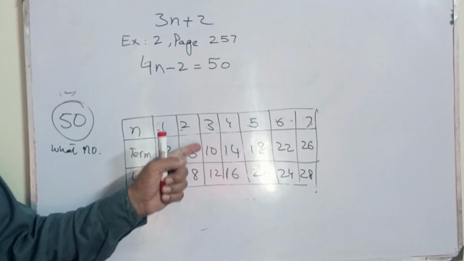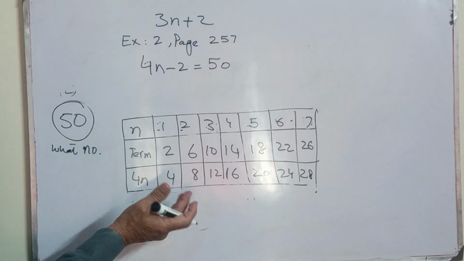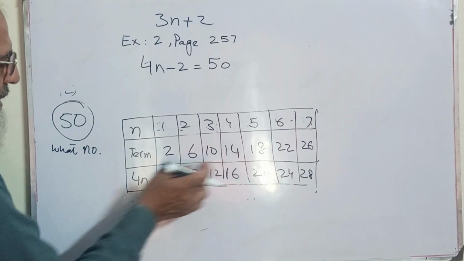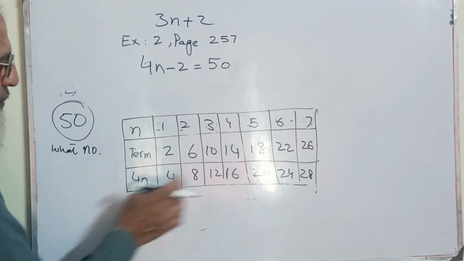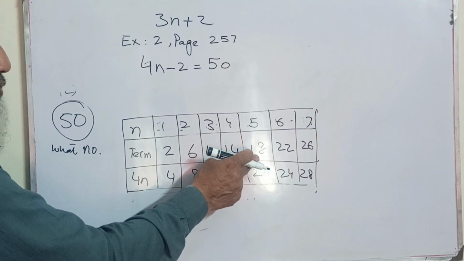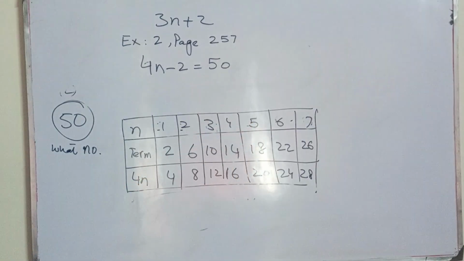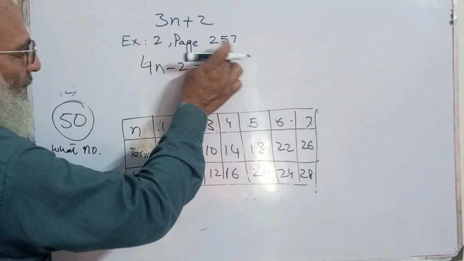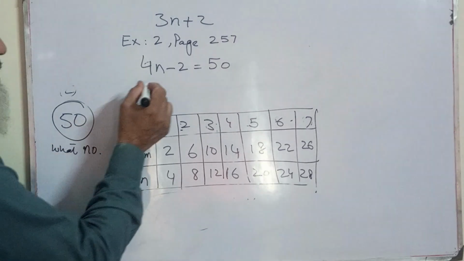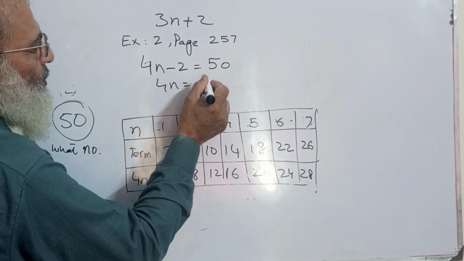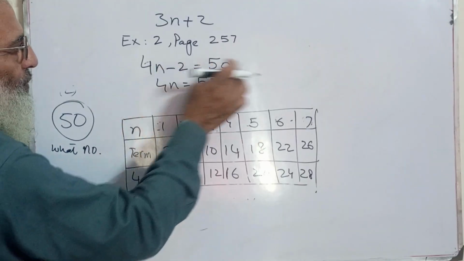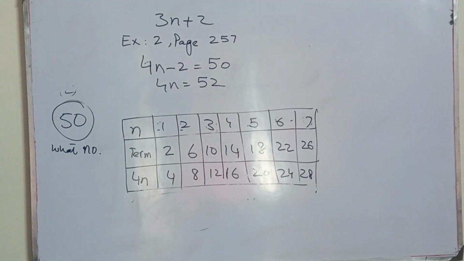If I go back to any example, for example this one, 4n was 20 and minus 2 was 18, so we got the fifth term. Similarly, we'll find the 50. So we are given the number 50 now, so it will become 4n is equal to 52. When this minus 2 jumps over here, it will be positive.